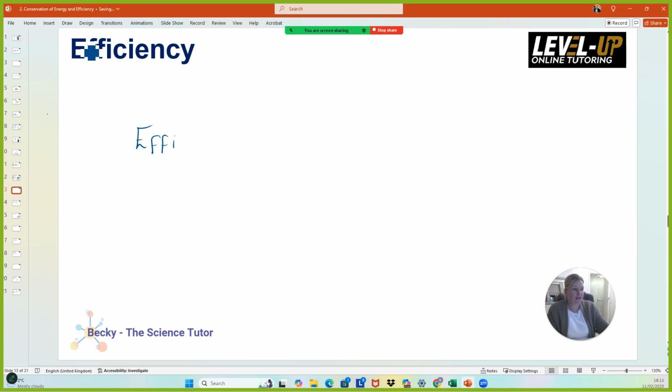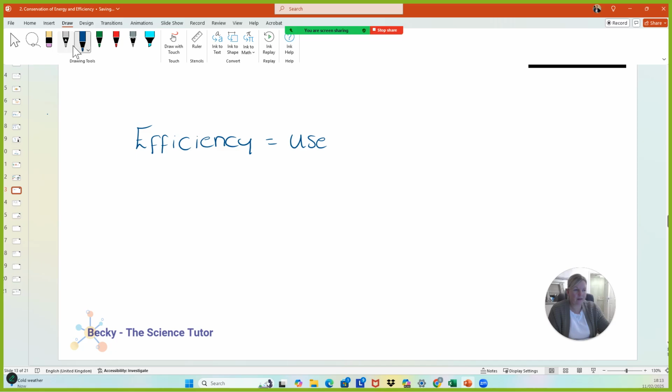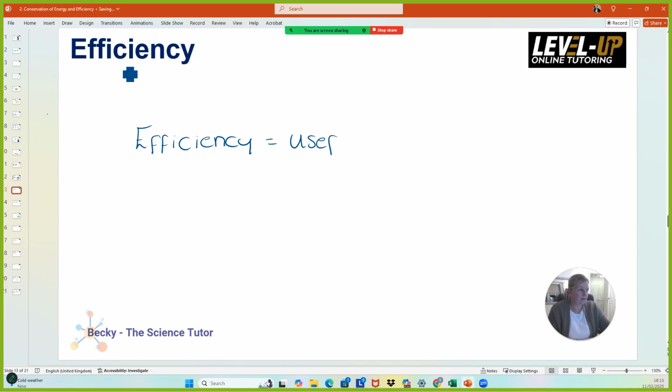So the efficiency of a device is the useful output divided by the total energy input, multiplied by 100 to get a percentage.